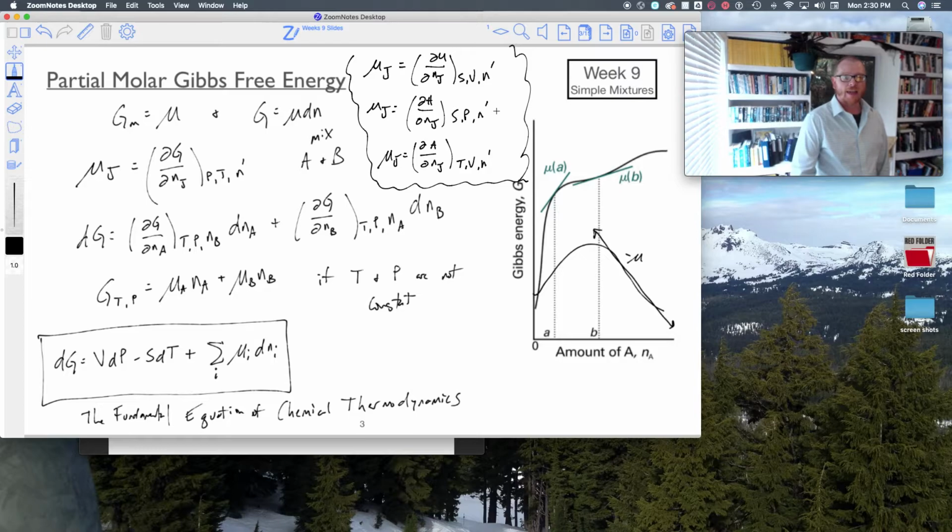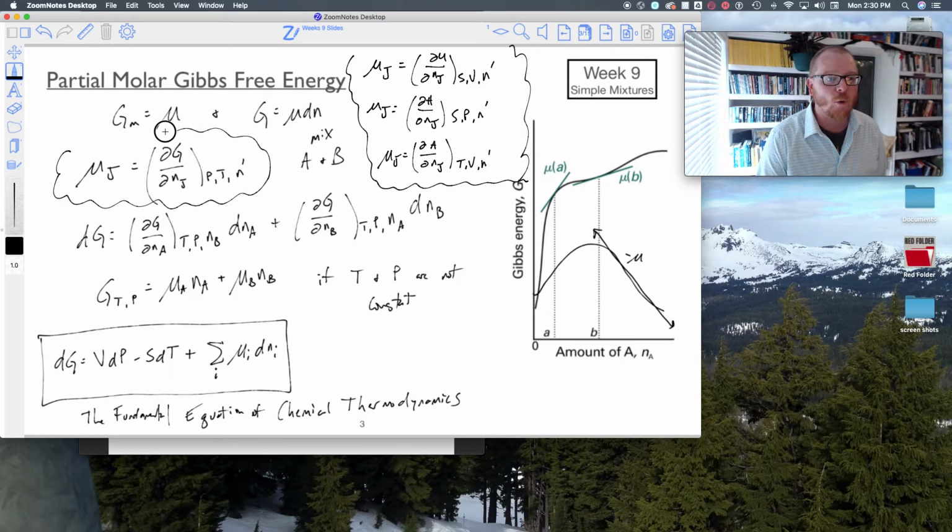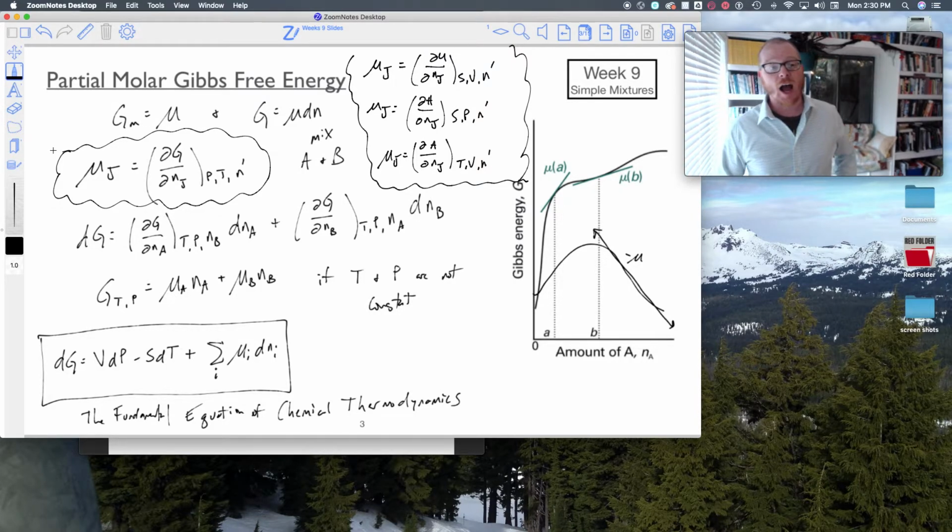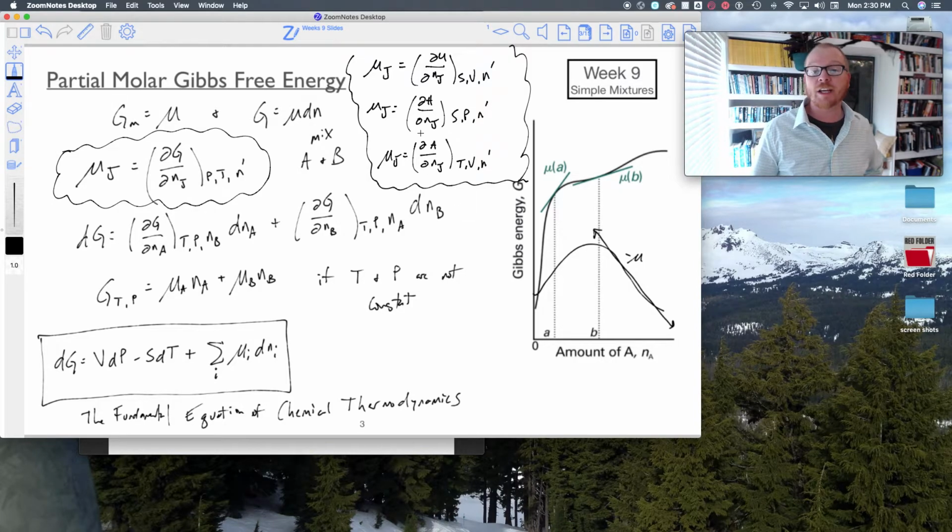And here I've got the partial molar quantity for Gibbs. So we can talk about these chemical potentials not just with respect to Gibbs free energy, but with respect to the Helmholtz free energy, the enthalpy, and the internal energy, depending on what we're holding constant.